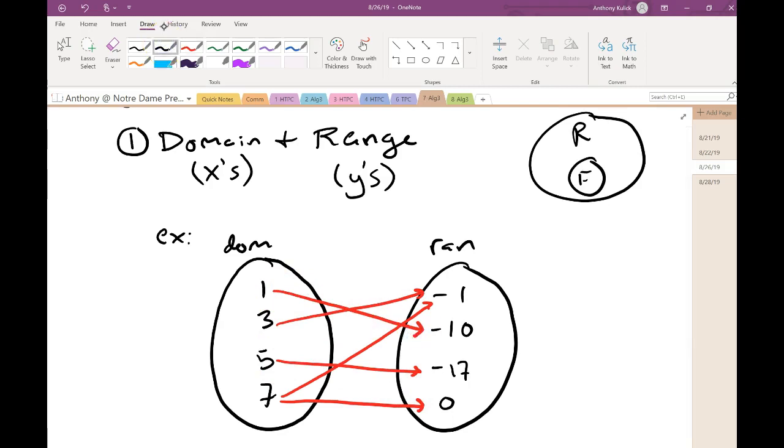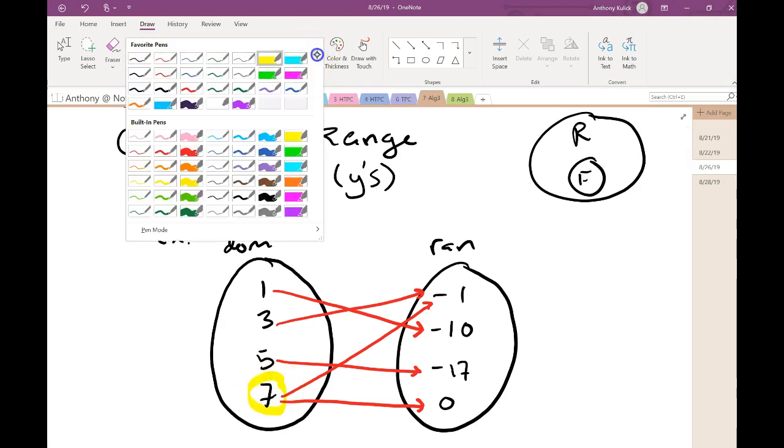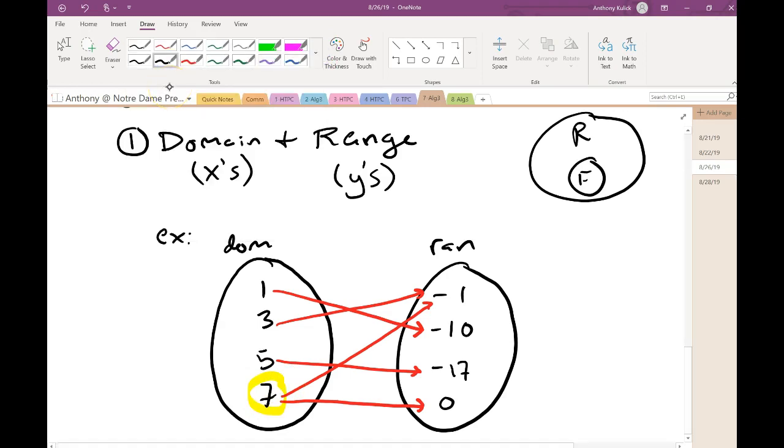So let's say we have this mapping diagram. Does this represent a function, just as a piece of review? No. What's the issue with this? Good. The x-coordinate of 7 is used twice. It has two separate y values.